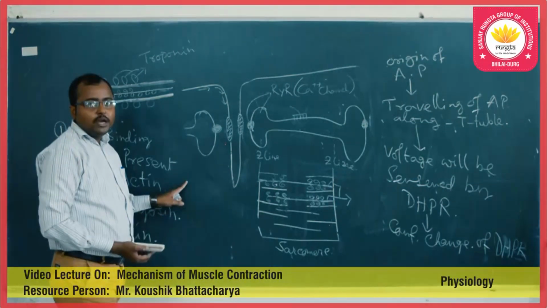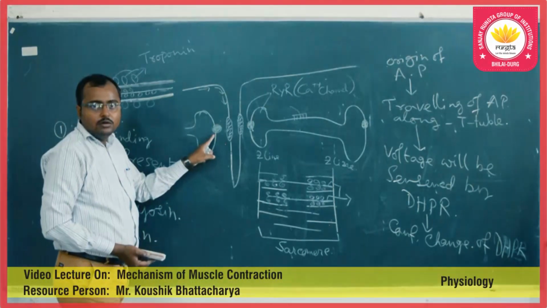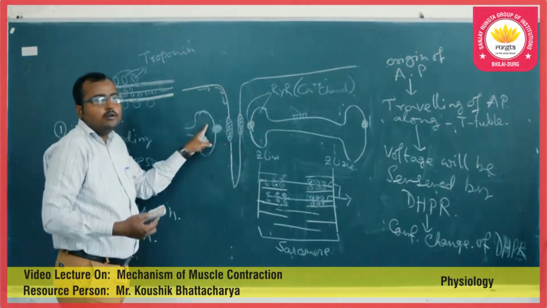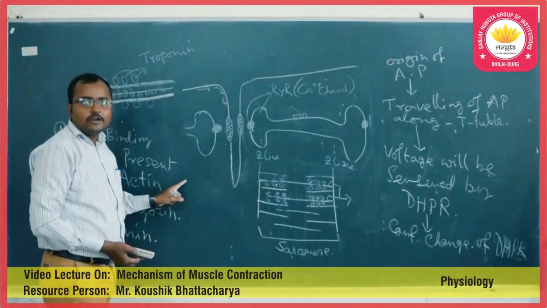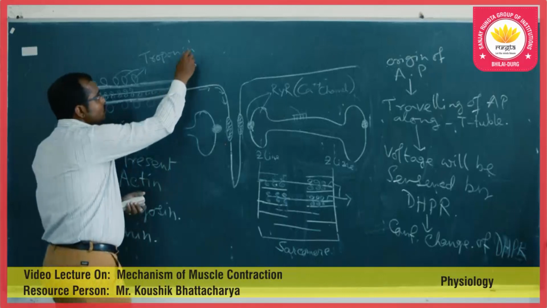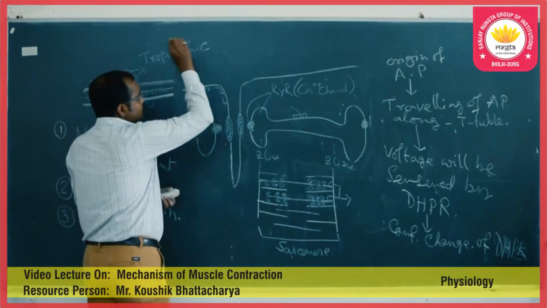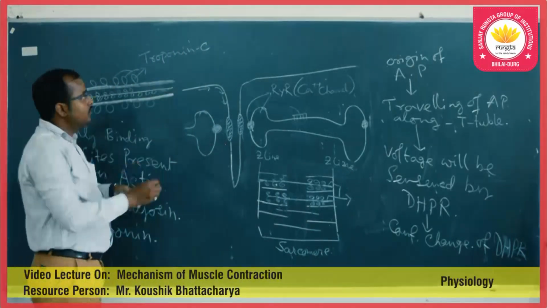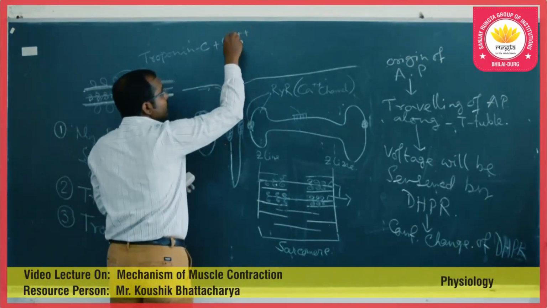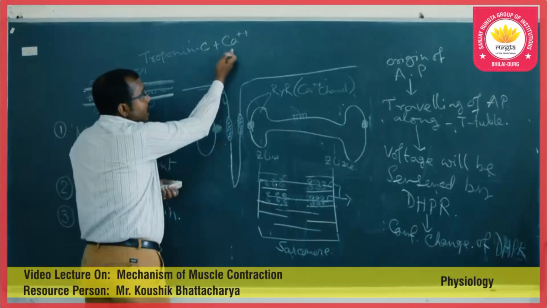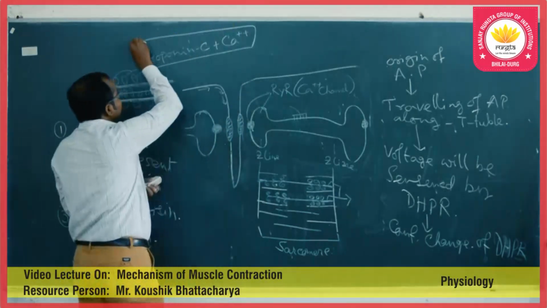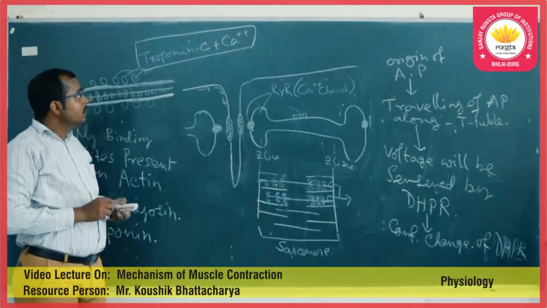With their help, the calcium ion travels from this storage site to the contractile area where the troponin is present. So troponin C will collect the calcium ion, in other words the calcium ion will bind with troponin C. Up to this part clear?